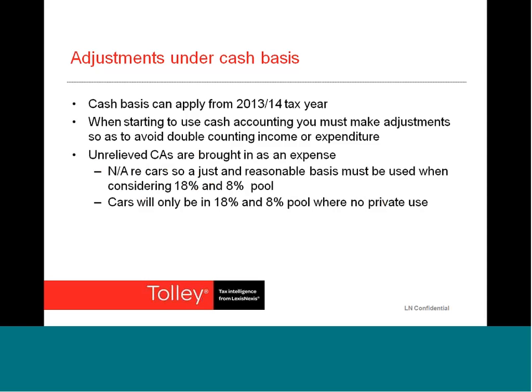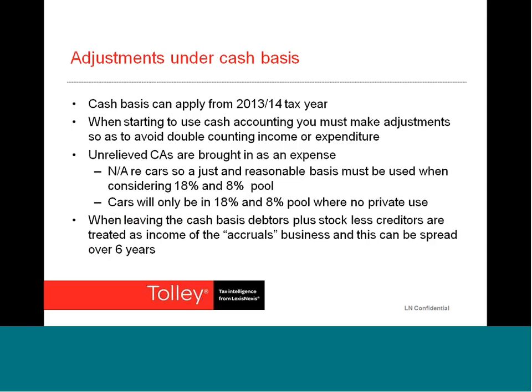So what you have to do is use a just and reasonable basis to take the other plant and machinery out and put that through your accounts into the cash basis, and then just leave the cars behind where you will continue to claim capital allowances. If the cars have private use, then they'll already be in their own separate column, so you won't have to make any adjustments. You'll just carry on claiming capital allowances on them in the normal way.